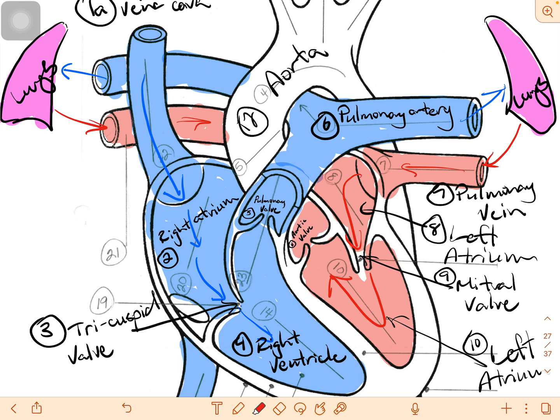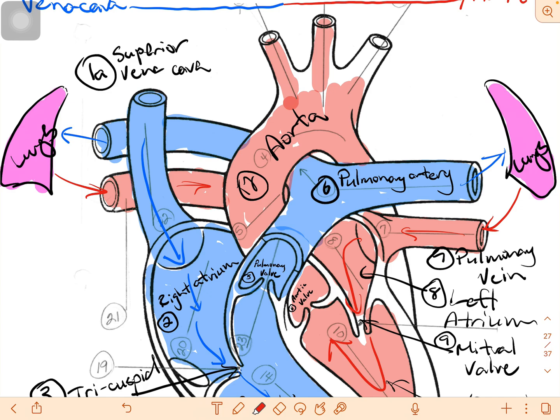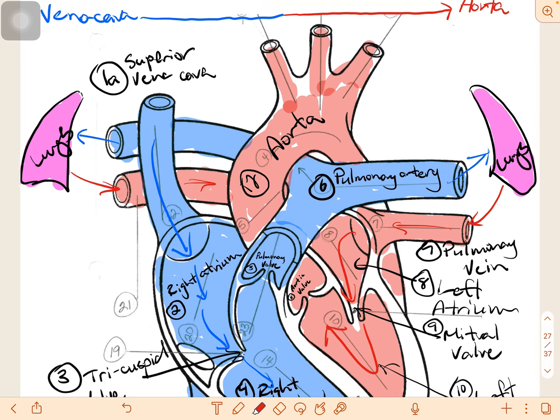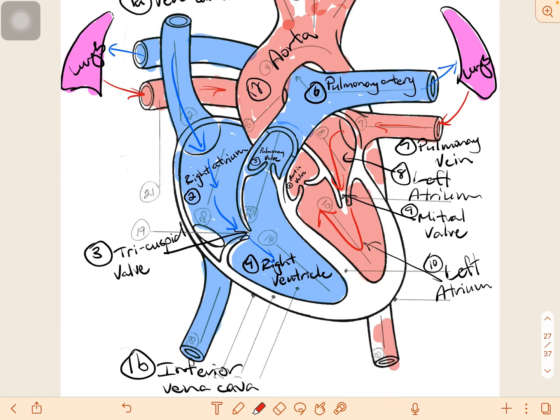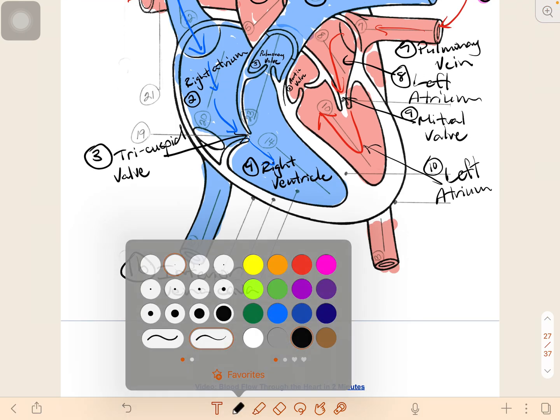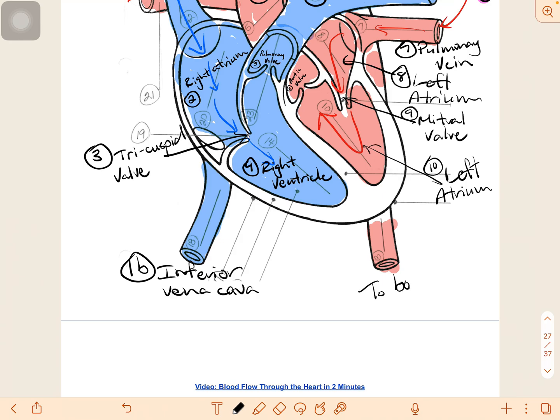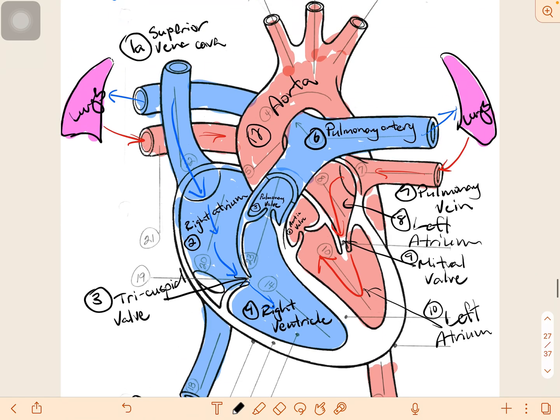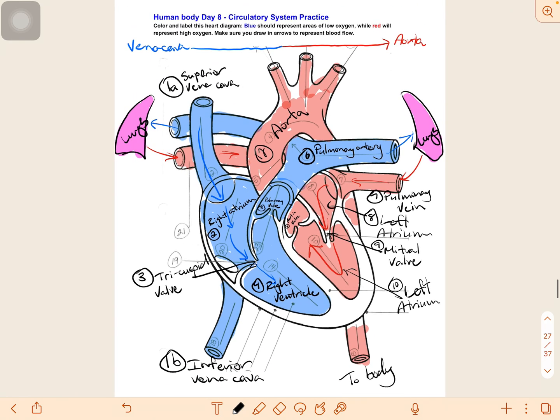All right. So again, oxygenated blood through here, oxygenated blood through here. And that's what you should have taken care of today. All right. And again, this is going to go out to the body. And you are golden, right?